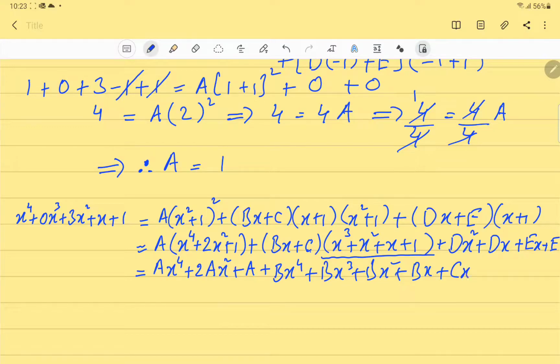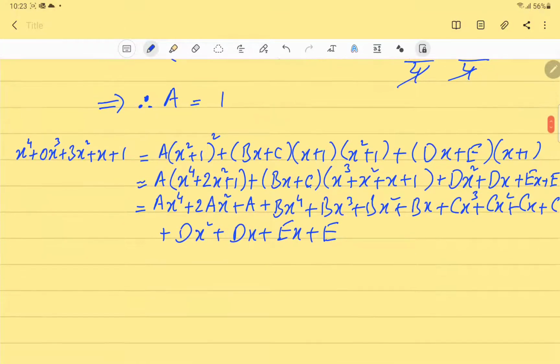It will be cx cube plus cx squared plus cx plus c. Then comes the last one, dx squared plus dx plus ex plus e. We have to write it as it is, plus dx squared plus dx plus ex plus e.